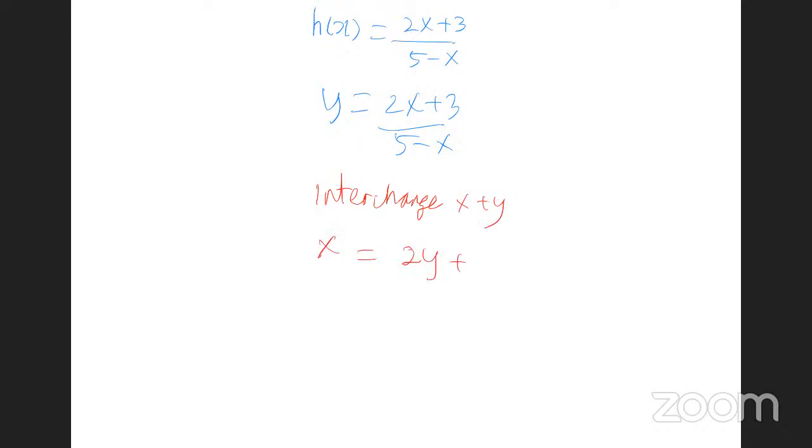So everywhere you have y, you put in x. Everywhere you have x, you put in y. Right? Interchange x and y.